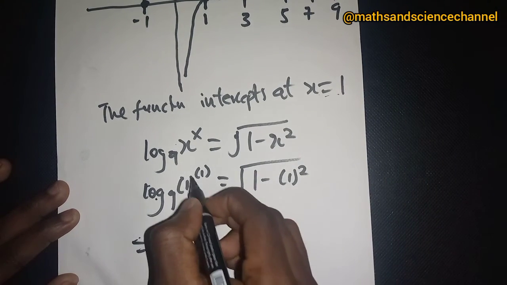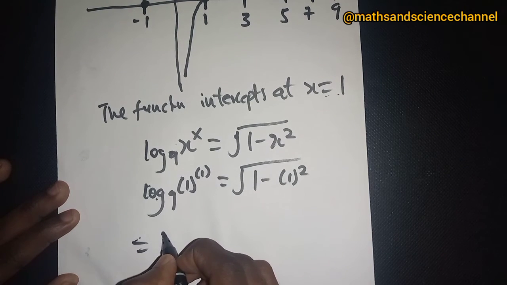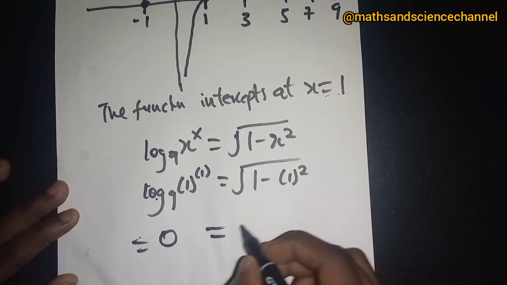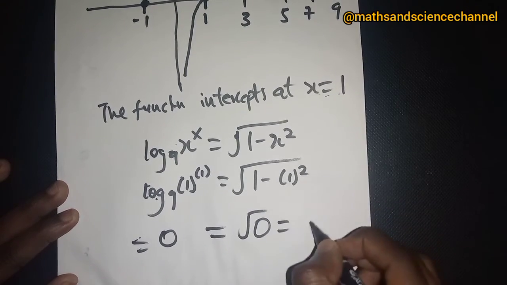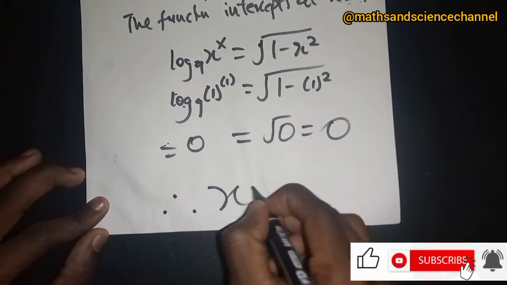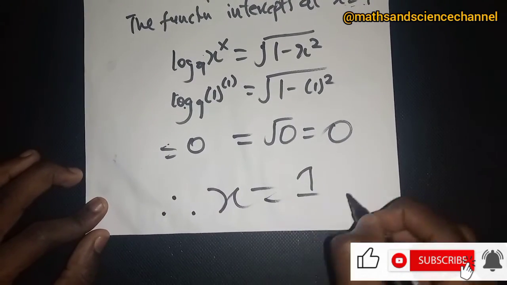Log base 9 of 1 is equal to 0, being equal to the square root of 0, which is just 0. So therefore our x value here should be equal to 1.